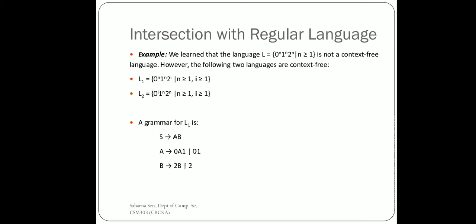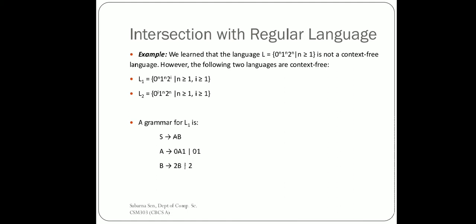However, these two are context-free languages: L1, 0 to the power n, 1 to the power n, 2 to the power i, and L2, 0 to the power i, 1 to the power n, 2 to the power n, because here we are comparing 0 with 1 in the first case, and 1 with 2 in the second case. So three comparisons are not there, it is restricted to two comparisons only. So this is a context-free language.